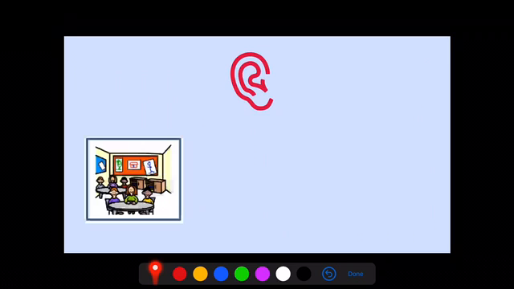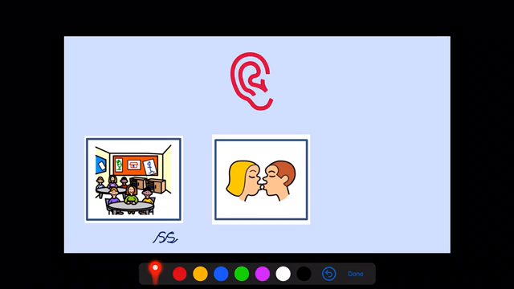Class, class. Well, I can hear a and I could hear s right at the end of the word. I'll need double s because it's when we hear s right at the end of a word with a short vowel sound and just one syllable that we write double s. Kiss.